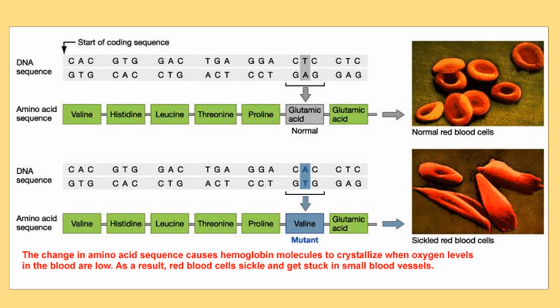And so going through the DNA and the amino acid sequences on the left, we can see in typical hemoglobin at the top, for that region of the gene that codes for hemoglobin, we have a CTC which base pairs with GAG.